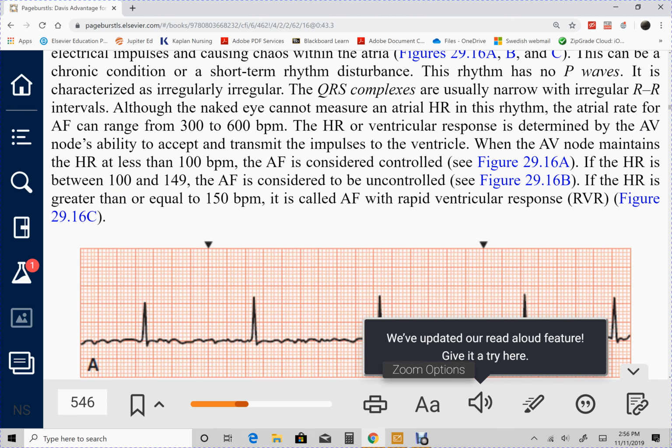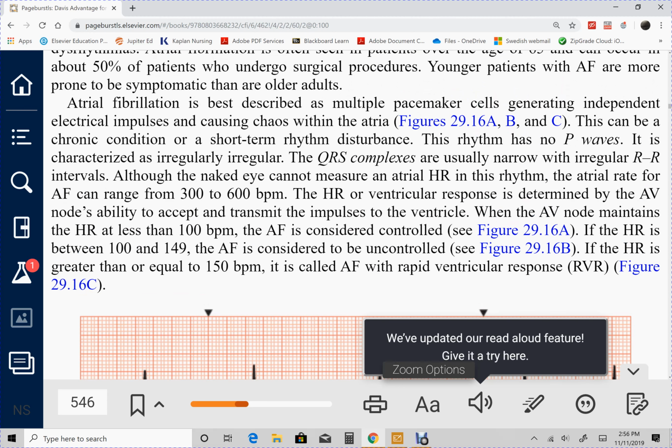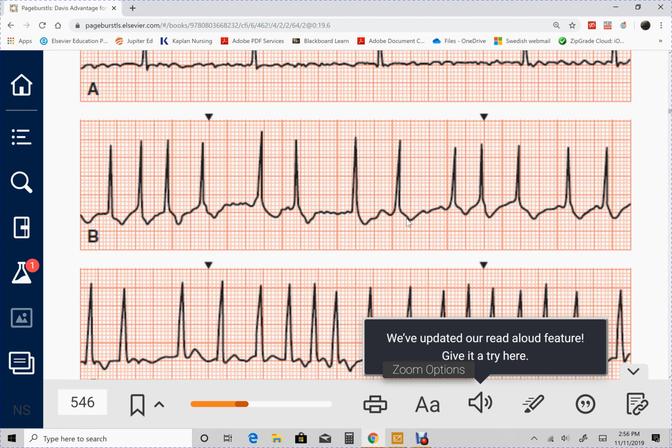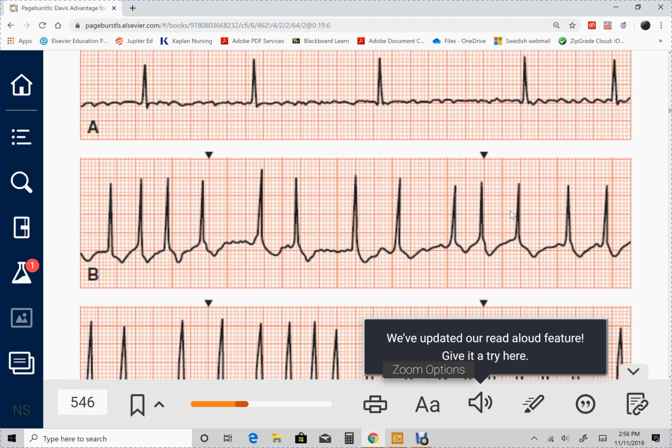Clearly here there are other sources of the electrical impulse, but definitely not the SA node. Where are they coming from? It's not easy to tell unless we submit the patient for an EPS study. That will be one of the non-pharmacologic interventions for AFib. We'll discuss that shortly.